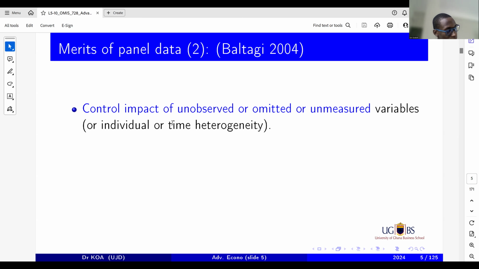So you've collected data on salary, experience, and education level. And then you realize that the educational level positively affects the salary. However, there is some sort of unmeasured ability.